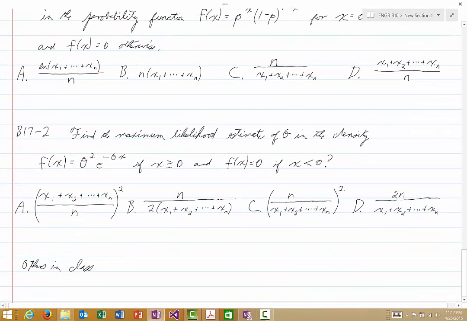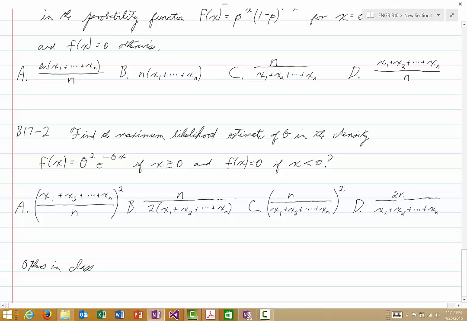And problem B17-2, find the maximum likelihood estimate of theta in the density f of x equals theta squared e to the minus theta x if x is greater than or equal to 0, and f of x equals 0 if x is less than 0.